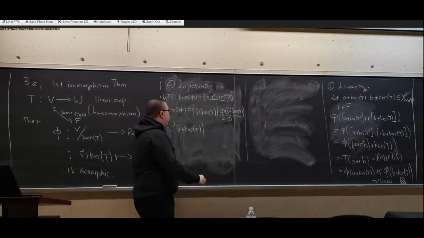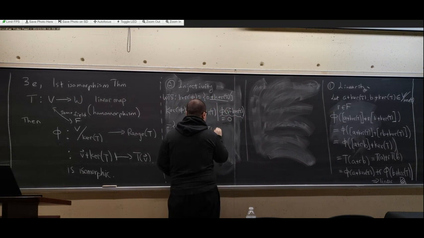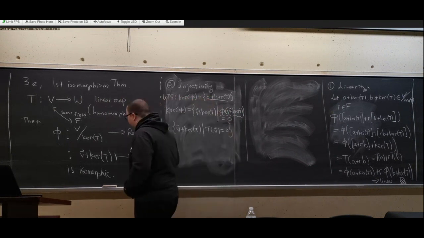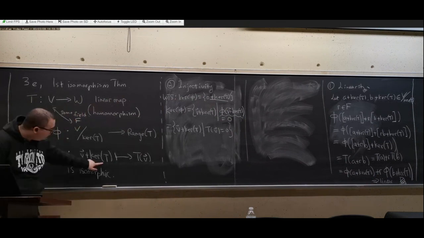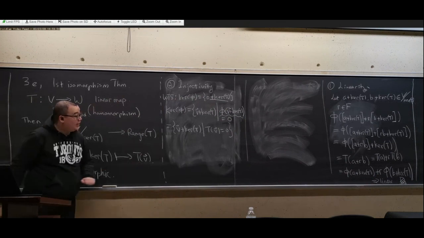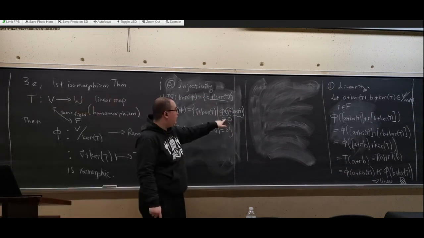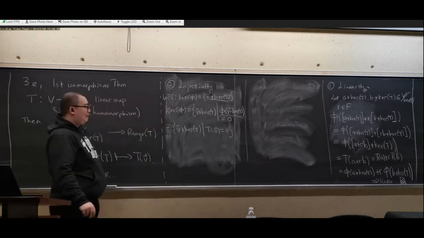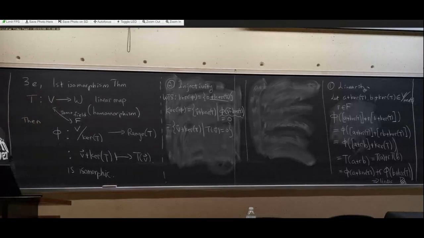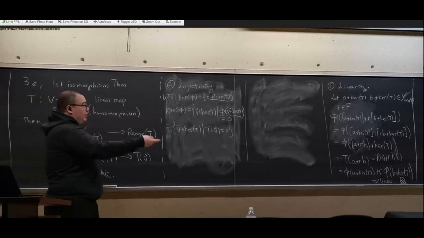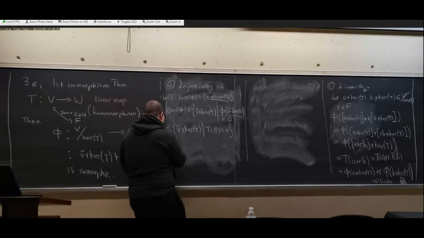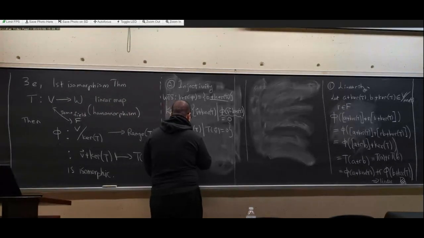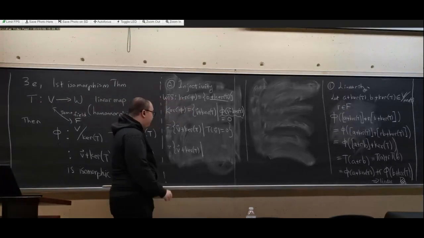Well, this equals T of V. Phi of V plus kernel of T equals T of V. So phi of V plus kernel of T equals 0 is the same as T of V equals 0.